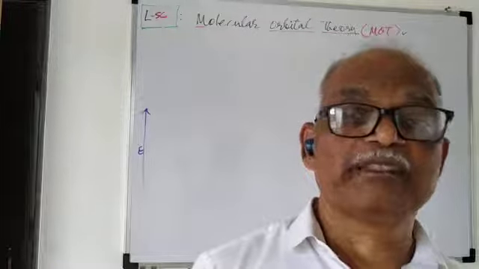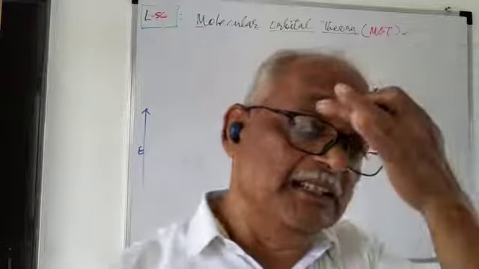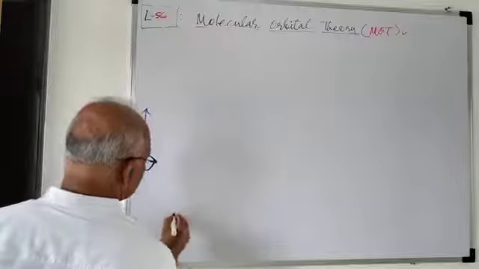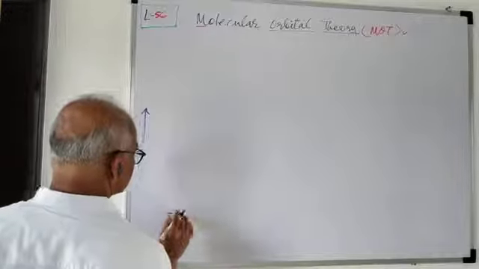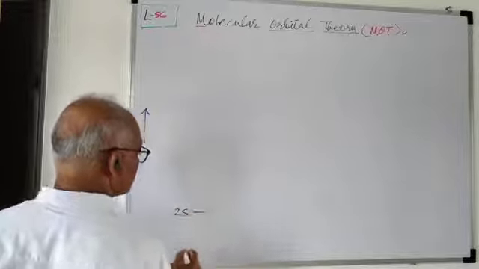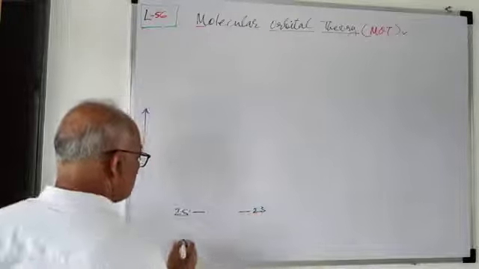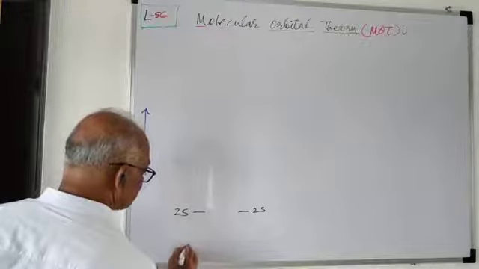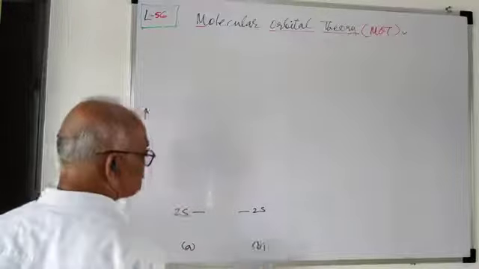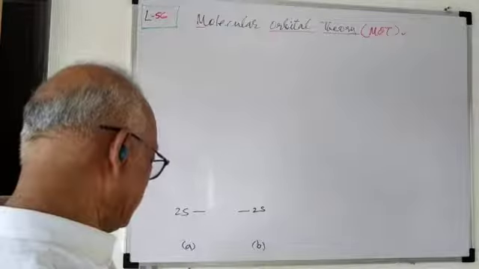The 1s orbital is not required, though it is actually there, so we consider the 2s orbital: this is 2s for atom A, and this is 2s for atom B, for homonuclear diatomic molecules.